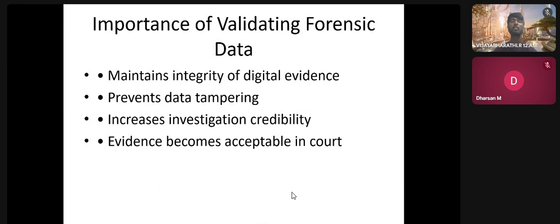That's why it plays a crucial role: it maintains the integrity of digital evidence, prevents tampering, increases credibility, and helps the evidence be accepted in court.